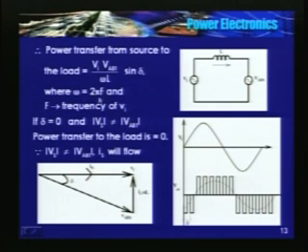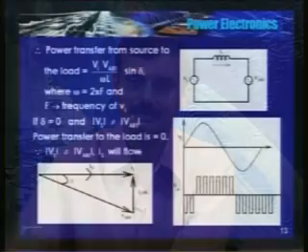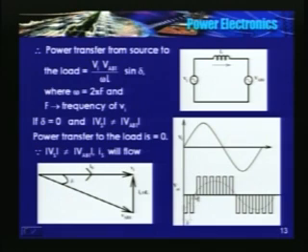Omega is 2 pi f, f is the frequency of Vi, the fundamental frequency, 50 hertz. So depending upon the power requirement, I need to change the delta. I need to just change this delta. As delta increases towards 90 degrees, power transfer also increases.